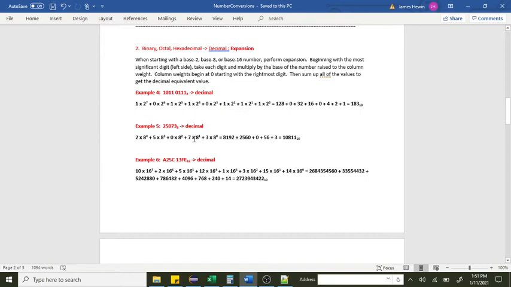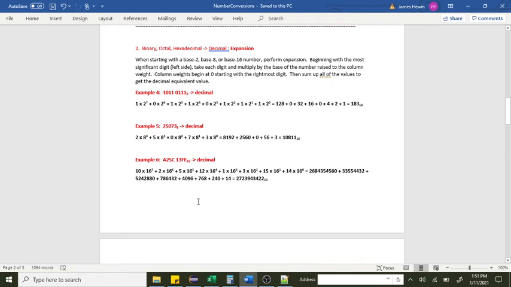And you just do the same thing for octal or hex. The only difference is you replace the base. Instead of using 2 for your base number, you use 8 or you use 16. And of course, with hex, these numbers can get very large quickly. But that's essentially it.